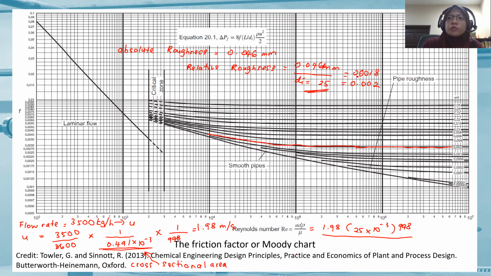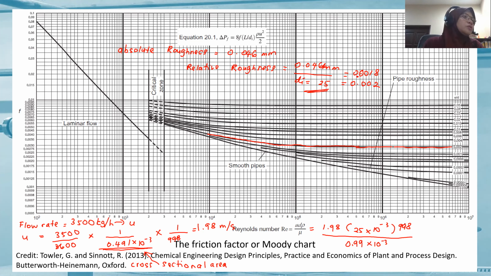So then the viscosity from the question is 0.99, so divide by 0.99. Then I change the unit.